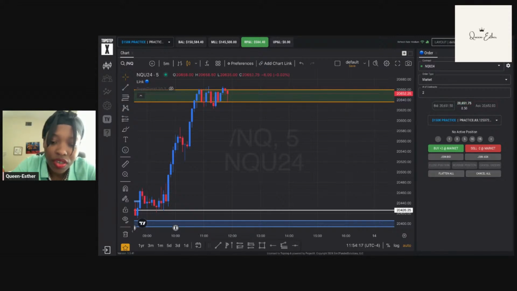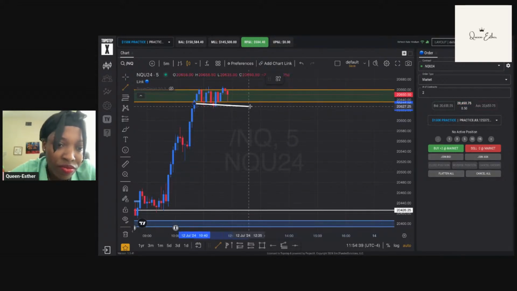So see, price is reversing right now. Let me go back to the right here. Let me explain to y'all. Where am I stuck? Okay, this. So right here, it's called support, right?